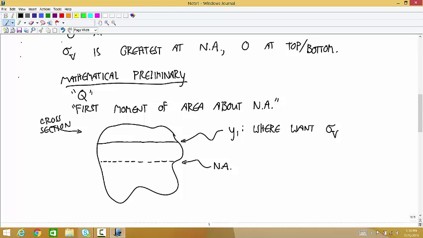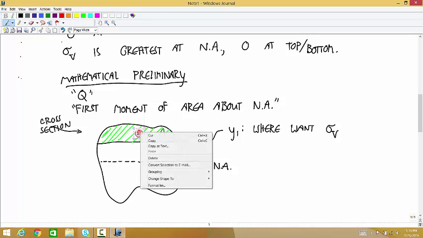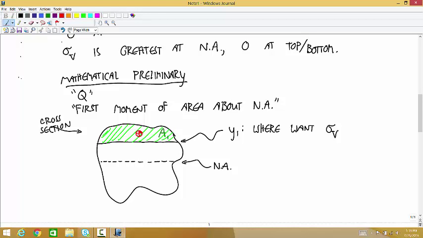Calculate the area above that line. And that's equal to A1. And now take the centroid of that shape, the shaded region.